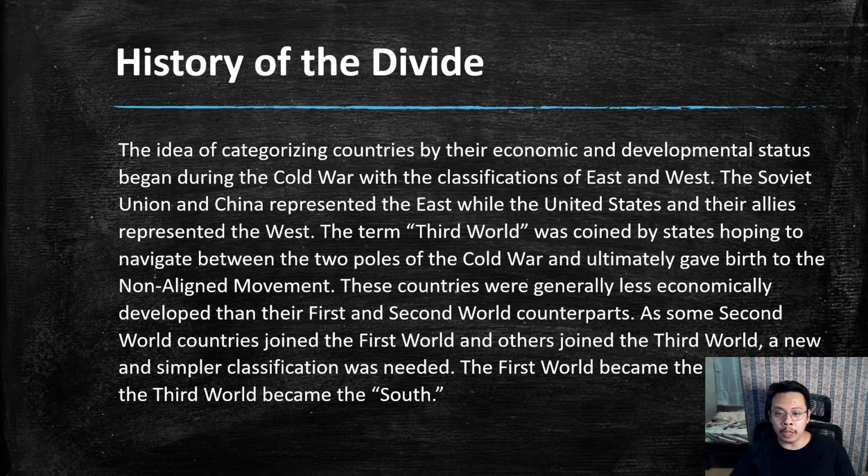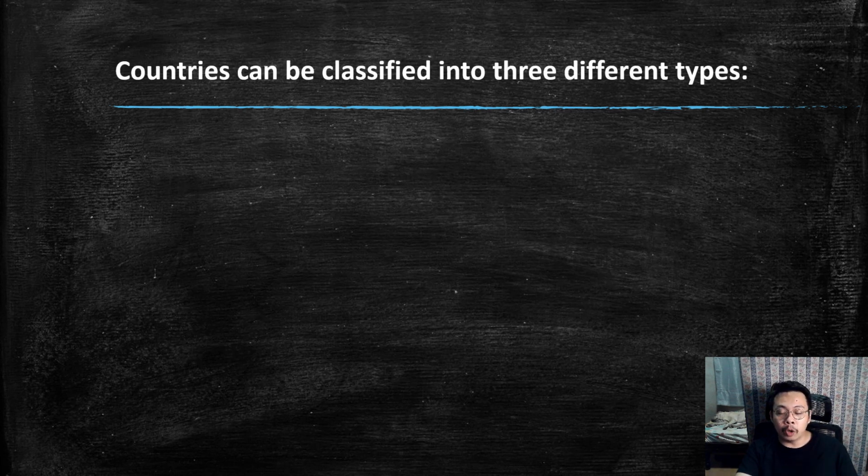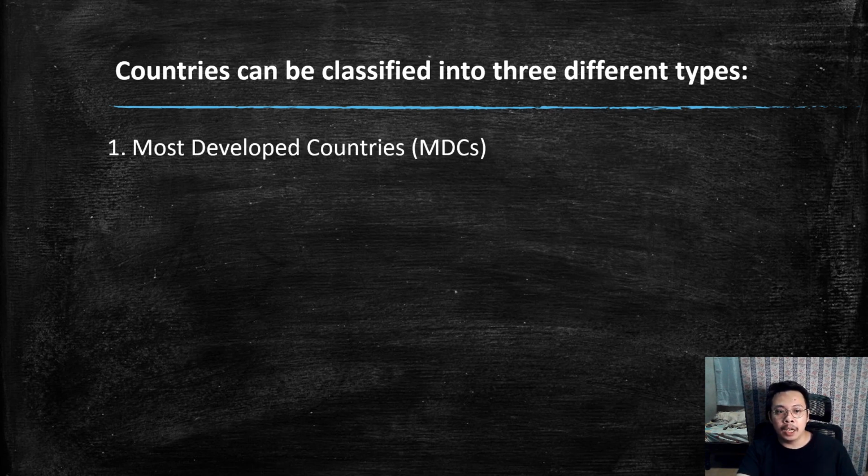So all the way to the end of the Cold War, usa pa ni murag na coin ning inani nga division. So the term nga Brandt line was actually coined by Willy Brandt in the 1980s. No? So countries can be classified into three different types.